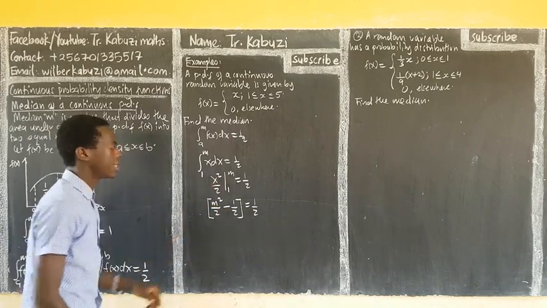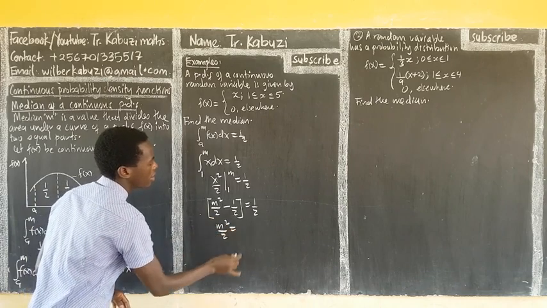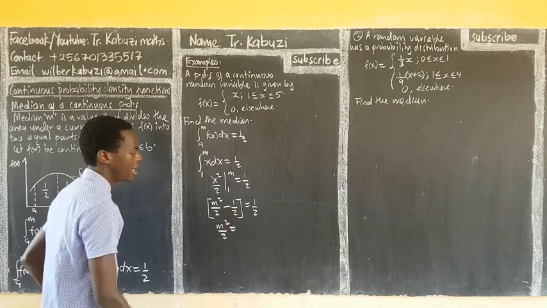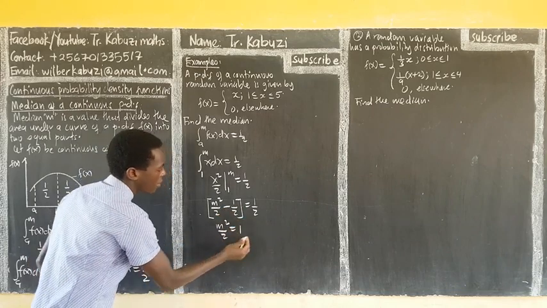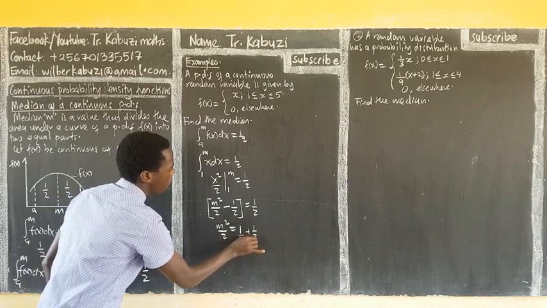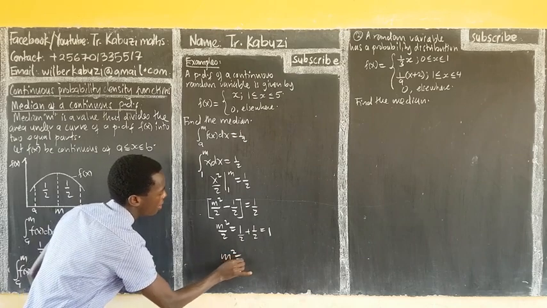When you take this side, you have m squared over 2 equaling 2. Now this one doesn't cancel, because this is negative, so taking that side it becomes positive, and you have a 1. A half plus a half will be a 1. Cross multiplying, our m squared will be 2.